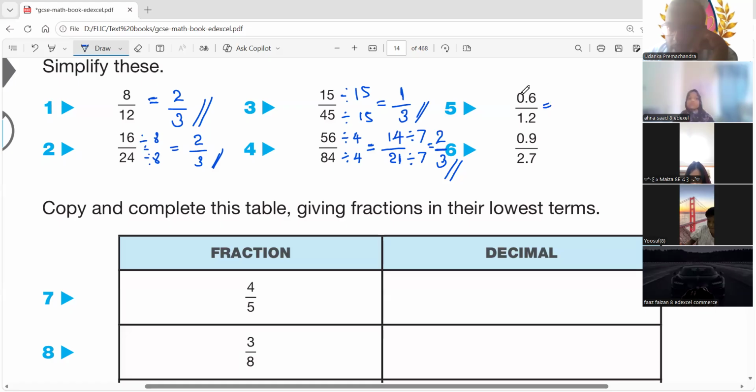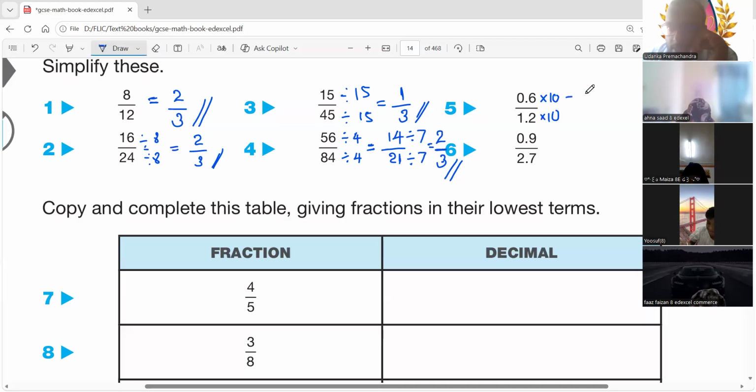Here, in fractional form, I said when there is one decimal place, you can multiply both by 10. When you multiply, it should be 6 over 12.